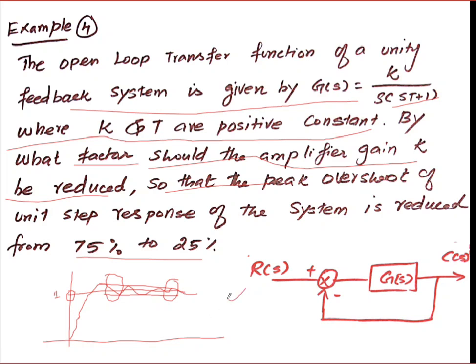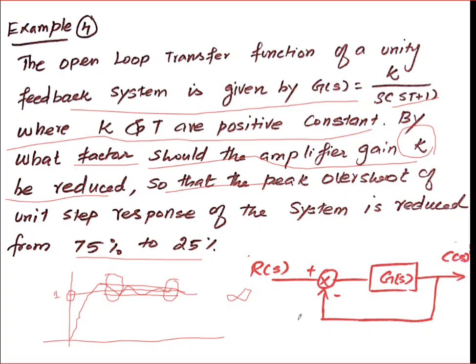So if t is infinity, the response value will become 1. This is the condition. Now we are going to determine the value of amplifier gain K, so that by changing the value of K, we reduce the peak overshoot from 75% to 25%.